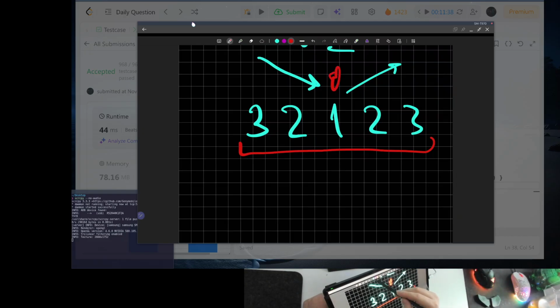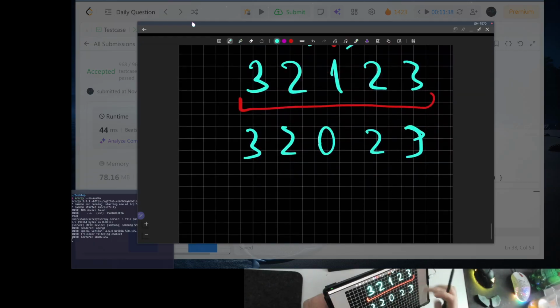The next is more interesting, because in this situation I have two subarrays: if I choose the whole array, the number 0 would be pointless to choose because it's already 0.